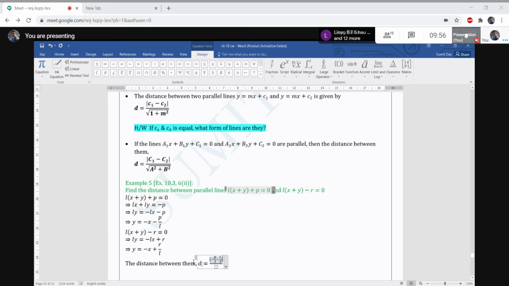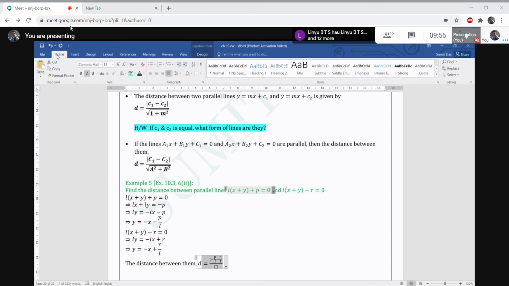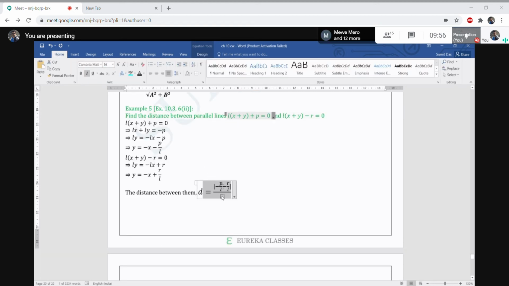I hope it is visible clearly. Okay, and then divided by square root of 1 plus m square. What is m here? Minus 1 square.